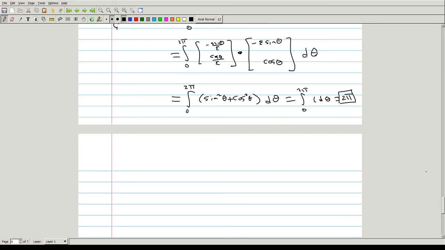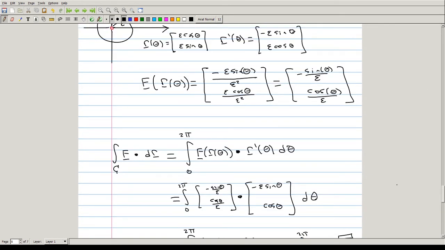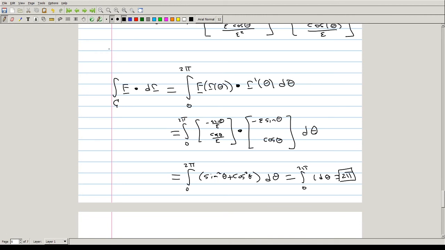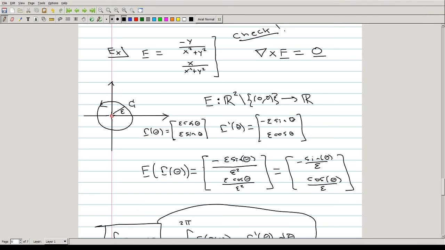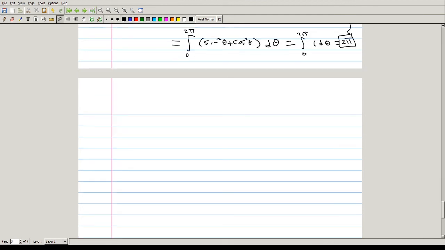Right, so the value of the circulation around this circle is in fact just equal to 2 pi. That's the circulation of this vector field around the circle. And now this is it.